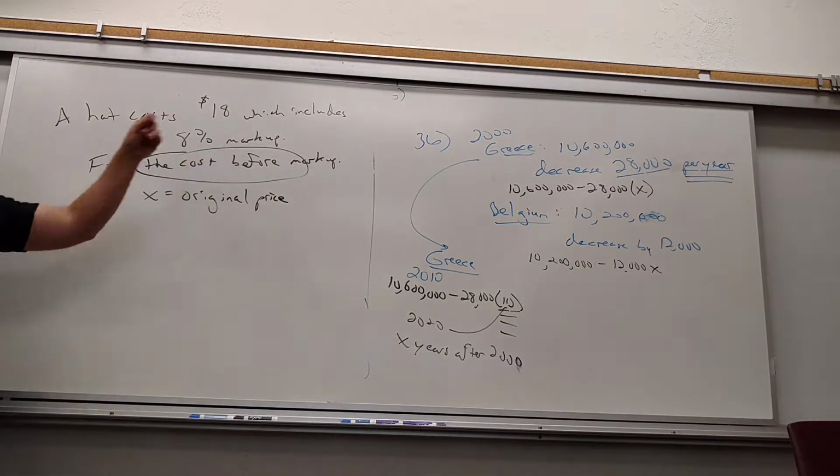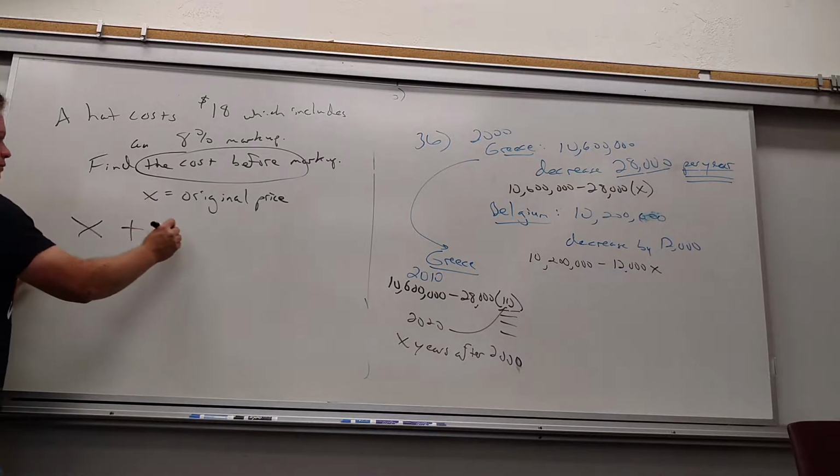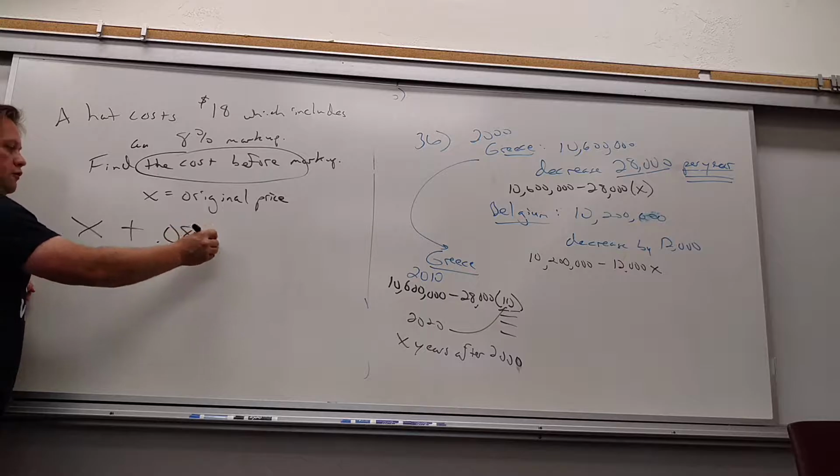So how did I get to $18? It cost a certain amount. I added on top of that 8% of what it cost to get to $18. So it cost a certain amount, and I added on top of that 8% of what? 8% x, of what it was.